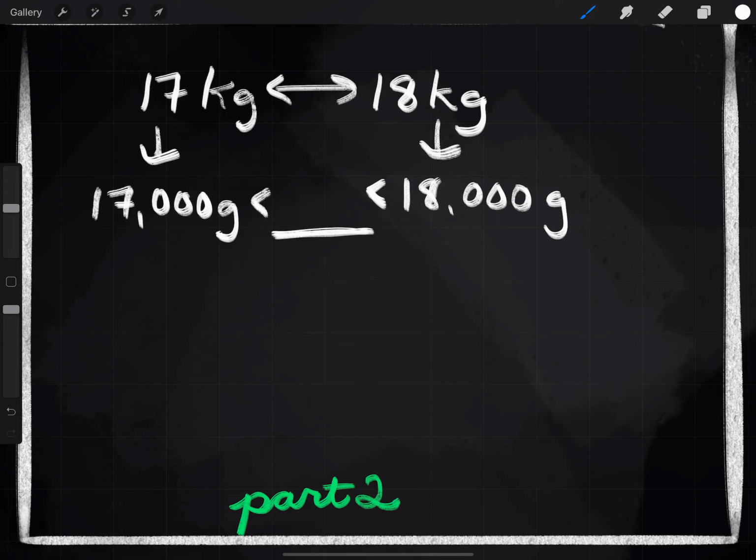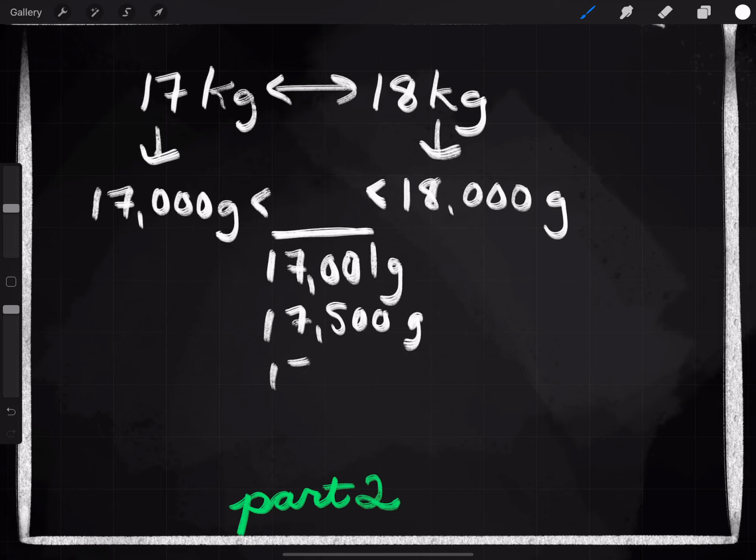So go ahead and write a couple answers that could be between these two. Okay, and you could have written anything from 17,001 grams. You could have written halfway between 17,500 grams. You could have written 17,999 grams. Those are all in between 17,000 grams and 18,000 grams.